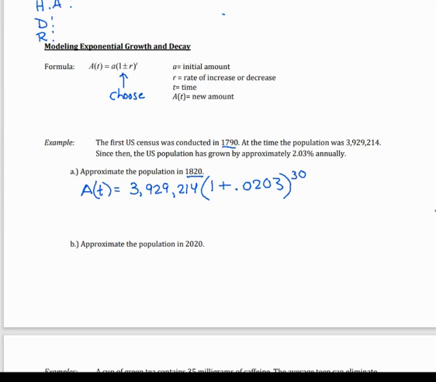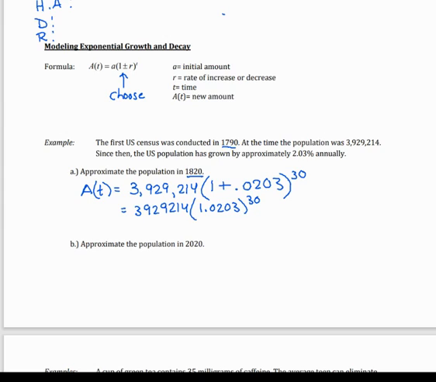So now you'll simply just use your calculator. So just to clean this up a little bit, what you need to make sure you're doing with your calculator is that you're following order of operations. So don't multiply the 3 million first. What we need to do is raise 1.0203 to the 30th power.